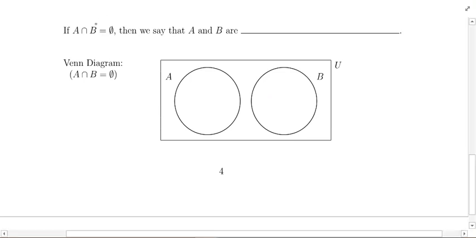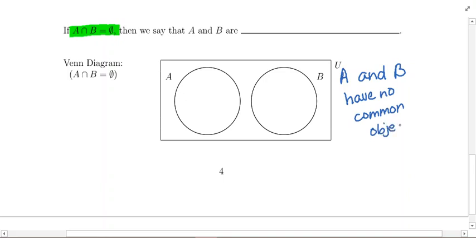There's a special name for this. The intersection is the empty set, because in this case A and B have no common objects. So if you're performing the intersection, it's the empty set because they have no objects in common.